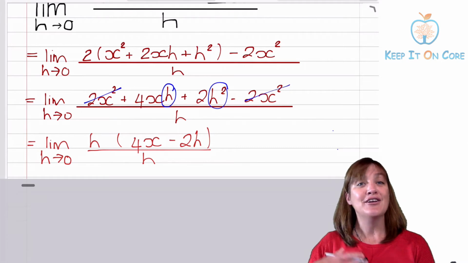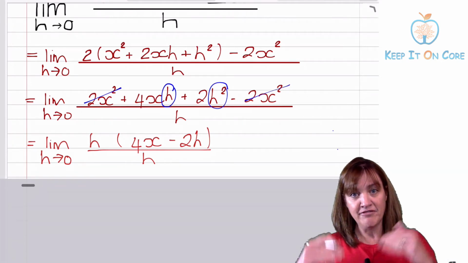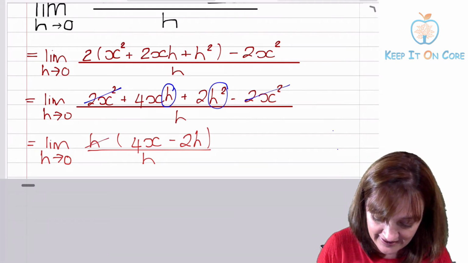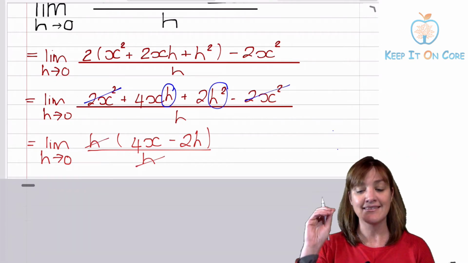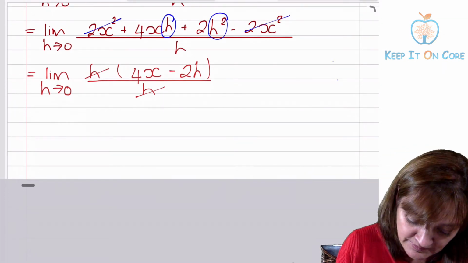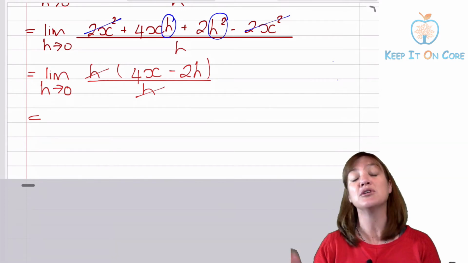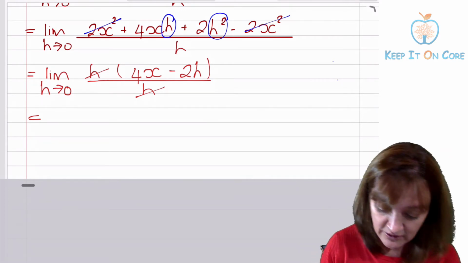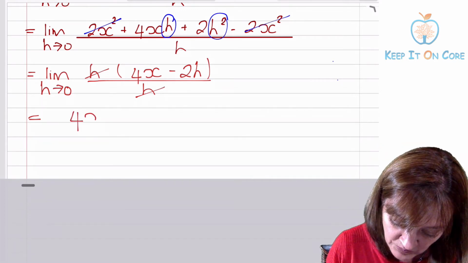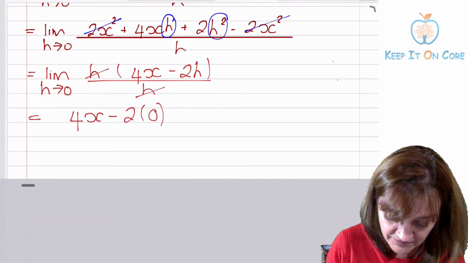Okay. Can you see now that by that manipulation, by simplifying it, by factorizing it, I can now cancel those h's, and that's exactly what you wanted, because now you are able to substitute your 0 into the equation. And this is the point at which we stop saying limit, we just say equals, and we say 4x minus 2 times by 0.